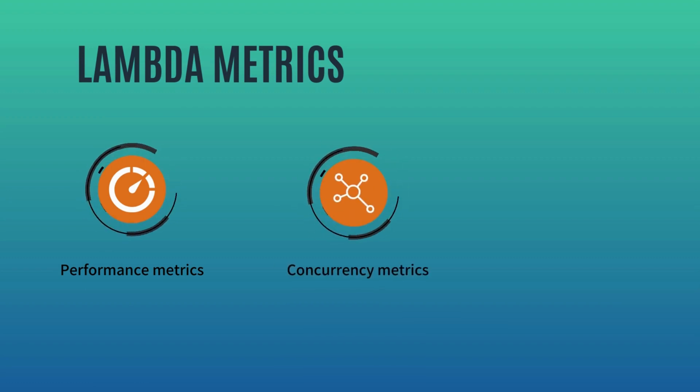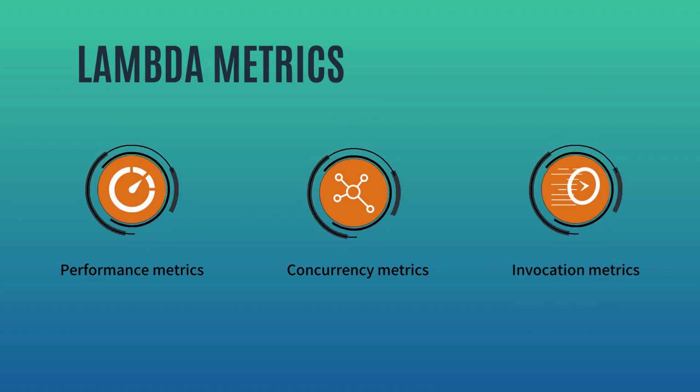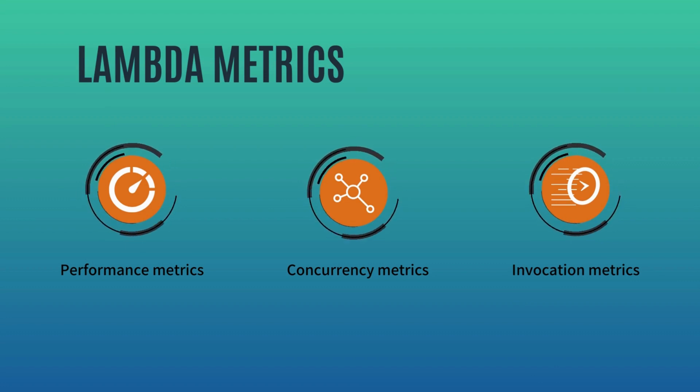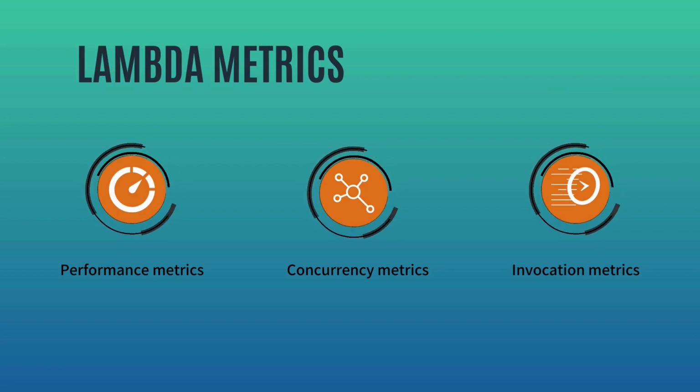Concurrency metrics show how many concurrent invocations are happening, how many times the Lambda is being invoked simultaneously. The final metrics are invocation metrics: how many invocations of your Lambda happened in a day, how many times your Lambda function is invoked, and which invocation is consuming more compute capacity.